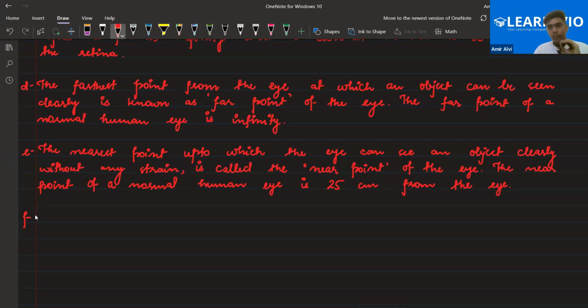It means that for the normal human eye, if the object is placed at 25 centimeter, I can easily distinguish between the objects, right? So that's why it is called the least distance of distinct vision.